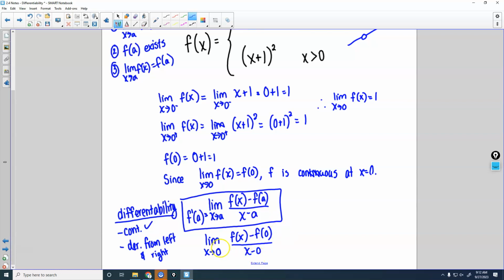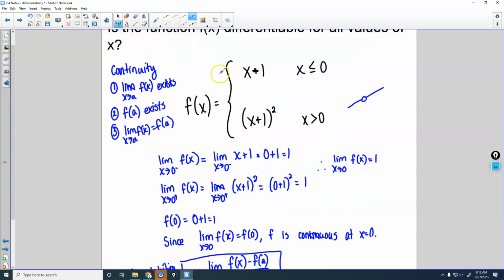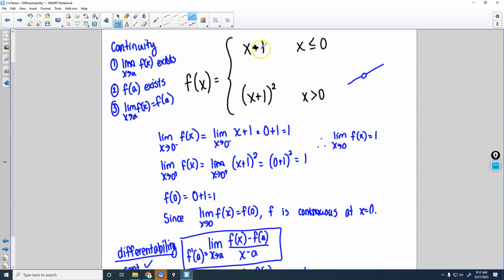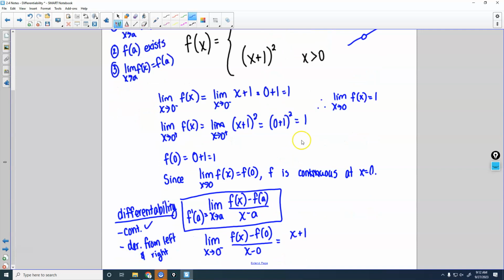And since we are doing this from the left side, f of x would be the top function. It's going to be x plus 1. We just found f of 0 from that side. It was 1. So x plus 1 minus 1 over x minus 0 is just x.